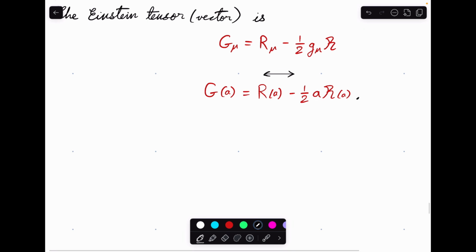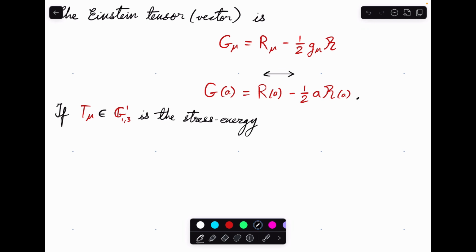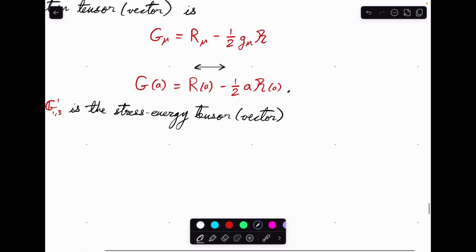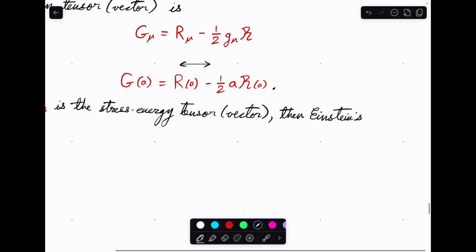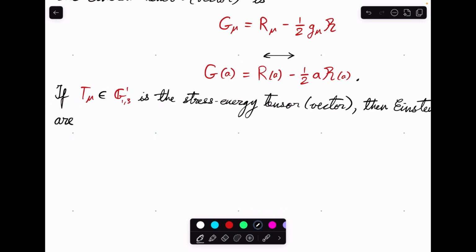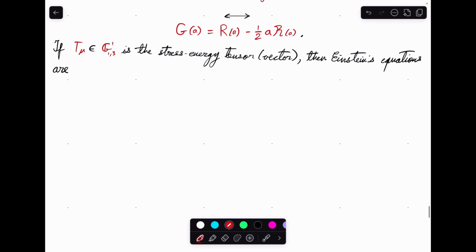And now we get to the Einstein equations. So if T mu, and just to emphasize that it's a vector, if this is the stress energy tensor, and this is just a vector, then Einstein's equations are, and I say are, but really it's one equation, and it's just this.